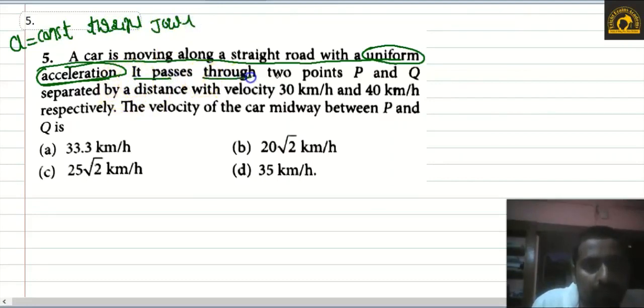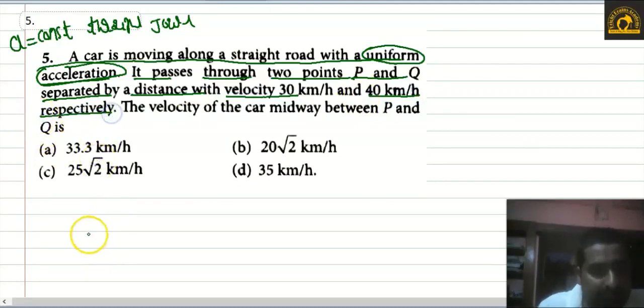The car is moving with uniform acceleration.